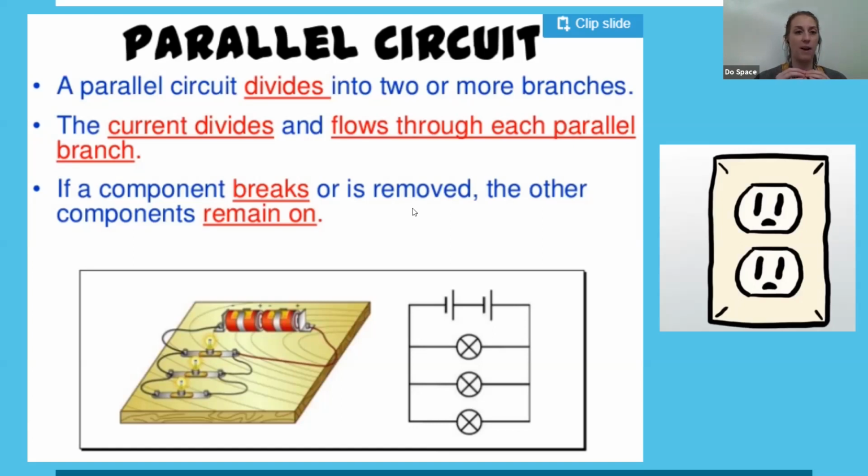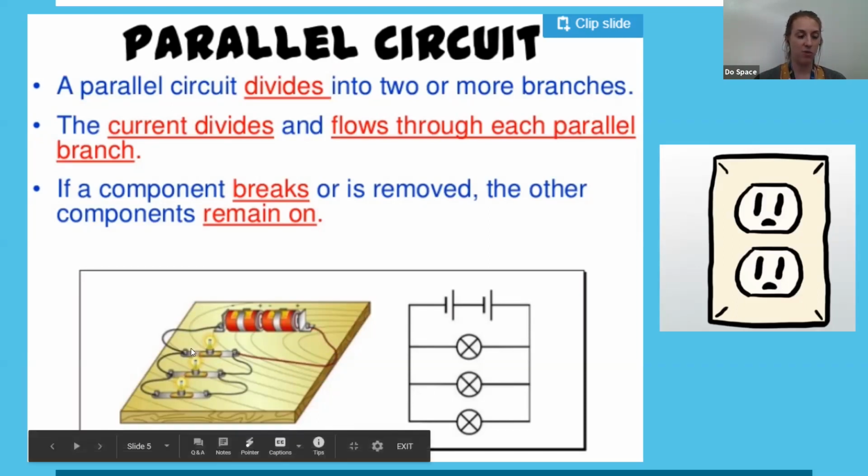That means that if the negative wire to one light bulb gets snipped for some reason, that won't necessarily affect the rest of your lights. You can see in our example right down here, we have our batteries, and we have our positive wire and our negative wire.